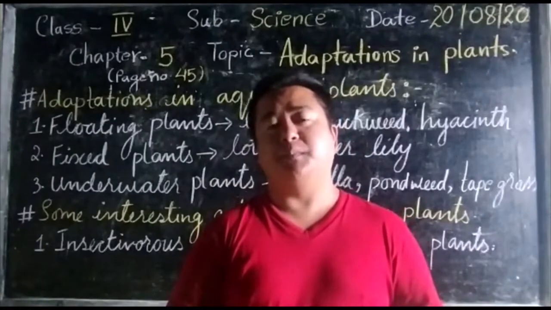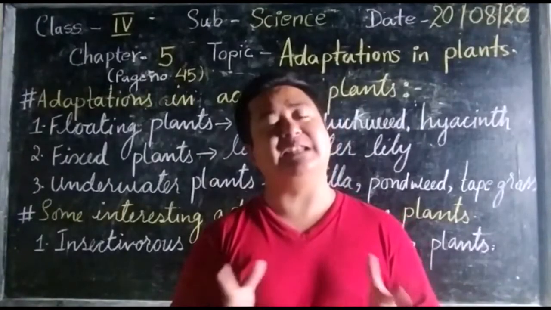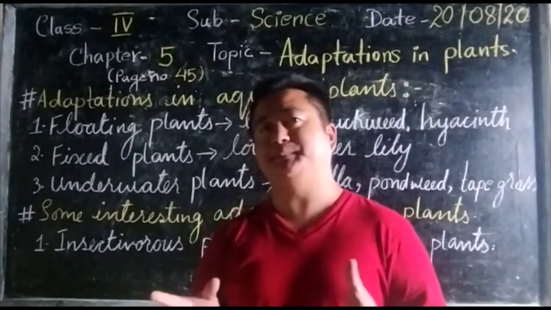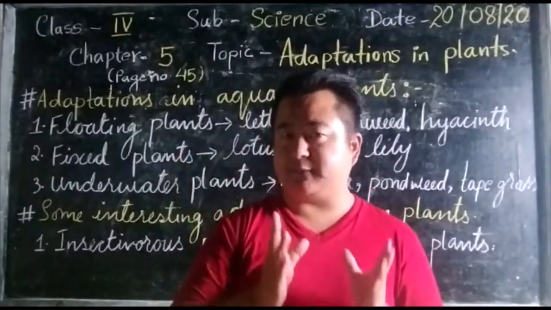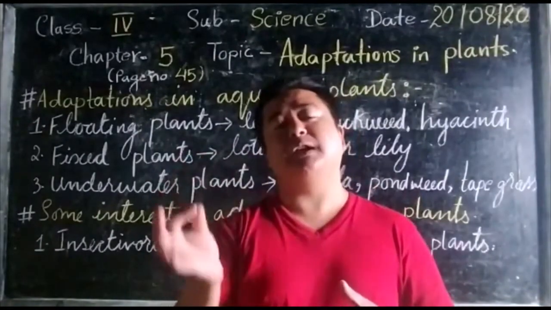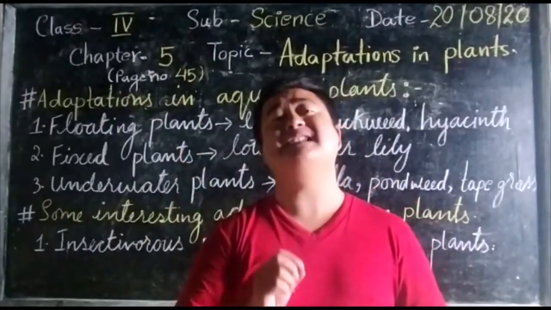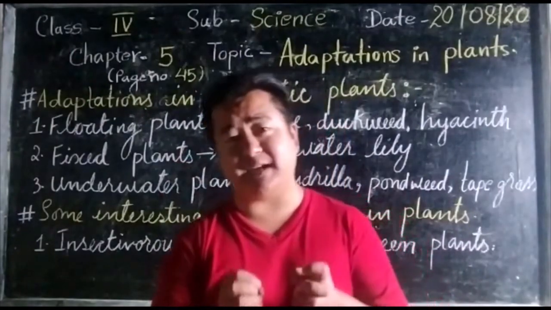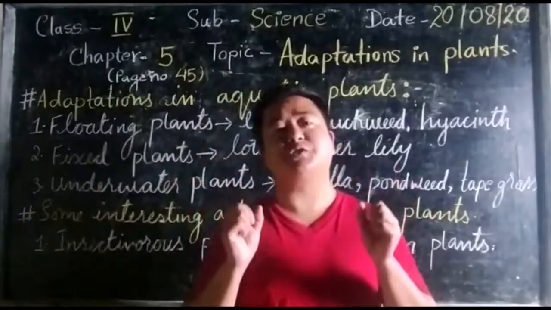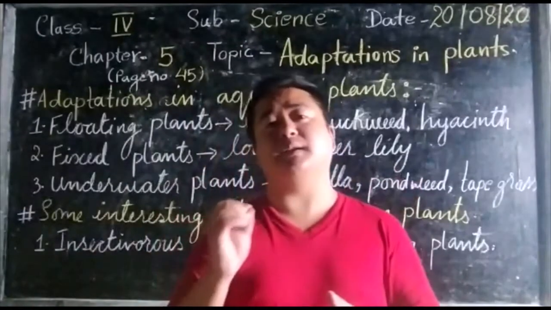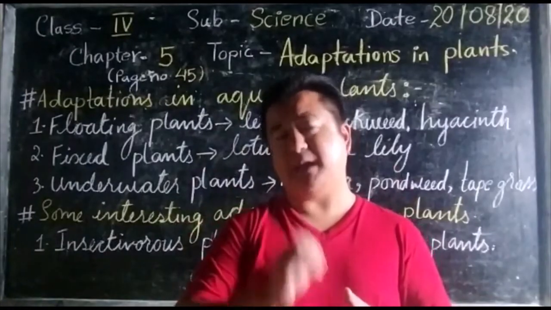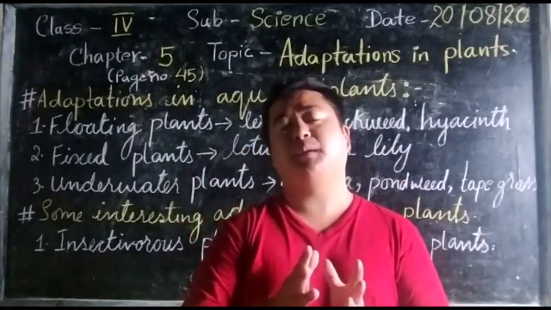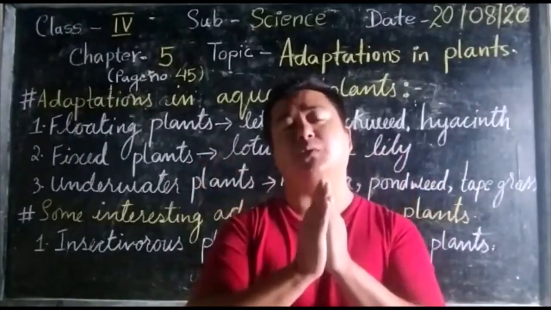The main specialty of this plant is its leaves, and especially in the Venus flytrap, on the edges of the leaves they have very stiff hair. Because of that, insects are attracted. When they come and touch the hair of this plant, suddenly the leaf gets closed.